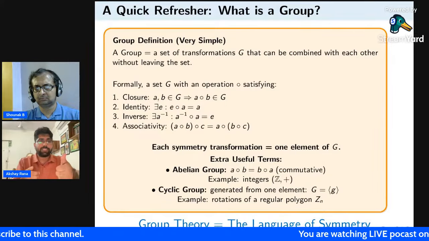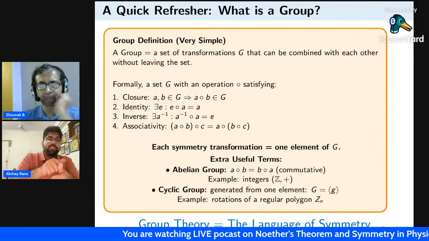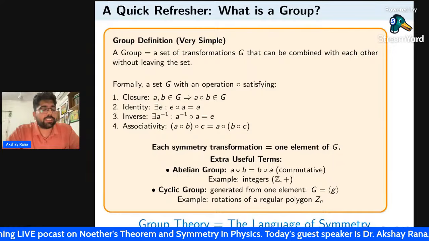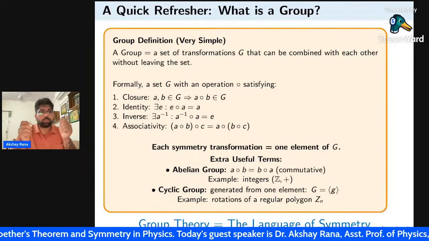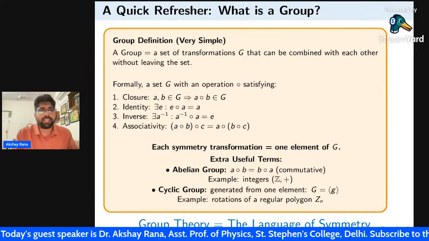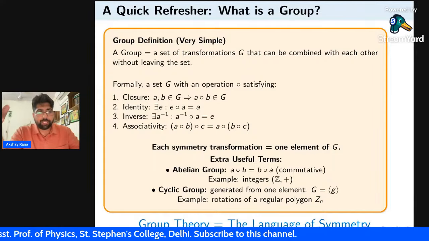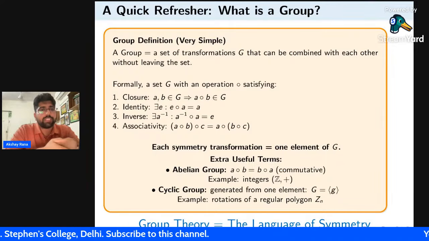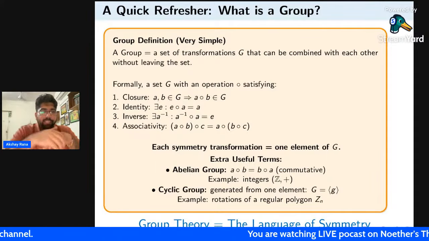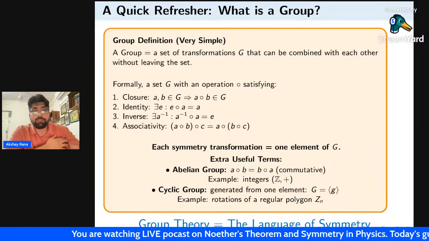Corresponding to every operation that you apply, you should have an element in the same set which can reverse the whole effect of that operation. Then you call it the inverse. There is a property called associativity, which says that if you have brackets in the operation, the bracketing is not going to change anything. So if a particular set of operations follows these 4 properties, we call it a group. I'll try to give you examples, and there are some specific kinds of groups, so I might use words like abelian group.